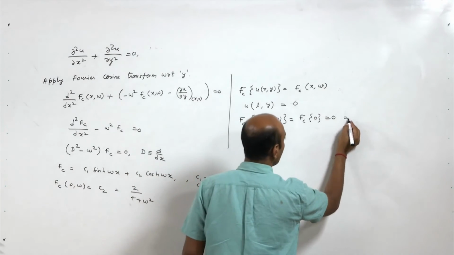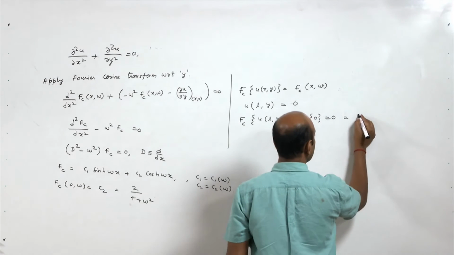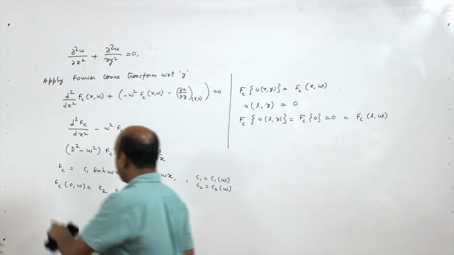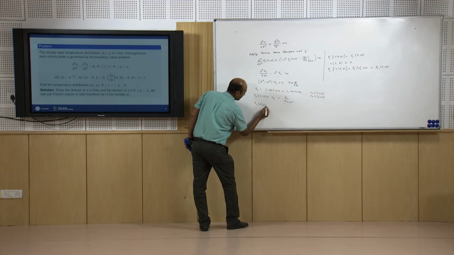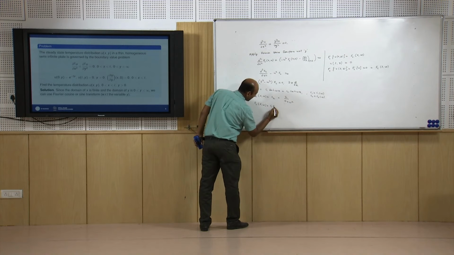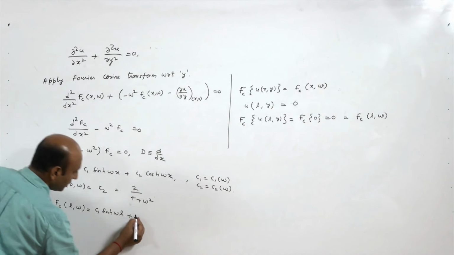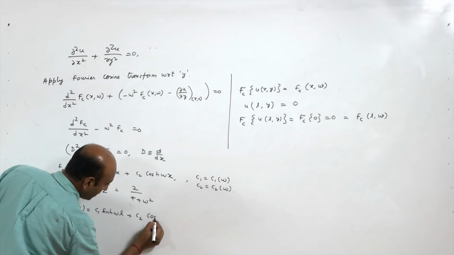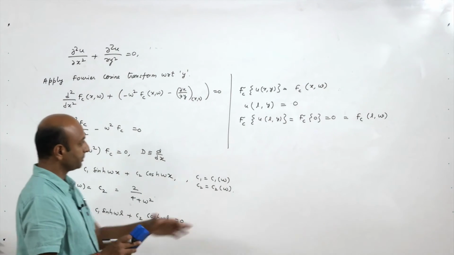This is also equal to, when you substitute x equal to L on both sides, fc(L, omega). So, when you find fc(L, omega) from here, that will be c1 sinh omega L plus c2 cosh omega L, which is equal to 0.